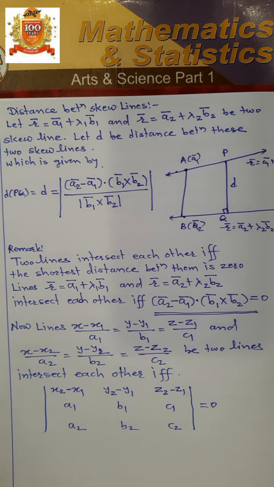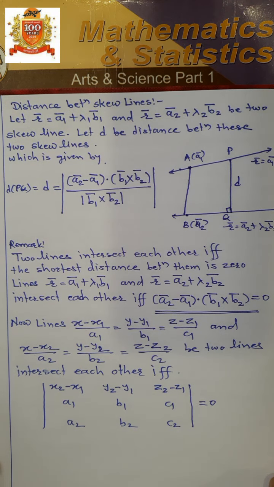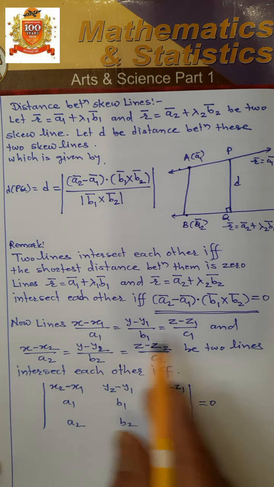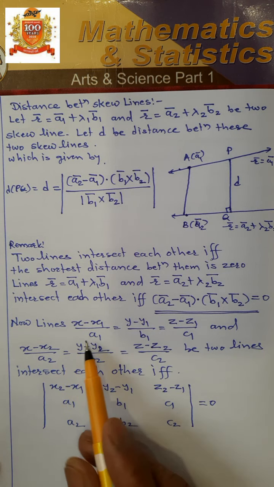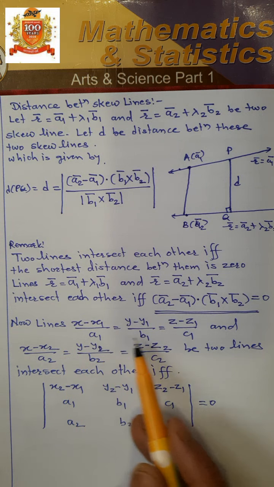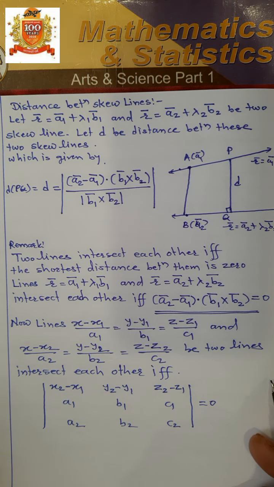Then these two lines are intersecting. Here the equations of lines are in Cartesian form, isn't it?